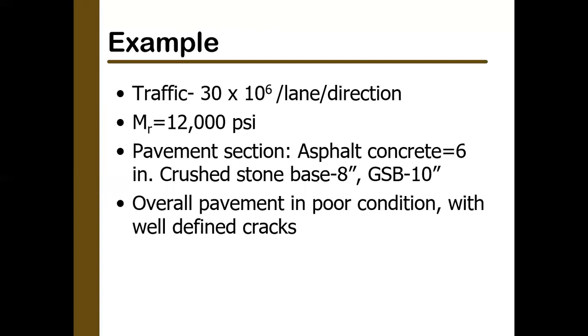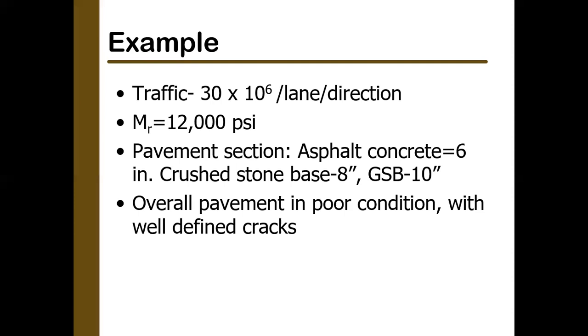Here we have not been given a subgrade value because we understand from the previous slide that we don't need it, since our weightage factor is 0, so we're not interested in knowing any thickness other than that. You can say that the overall pavement is in poor condition with well-defined cracks. This is for an HMA.